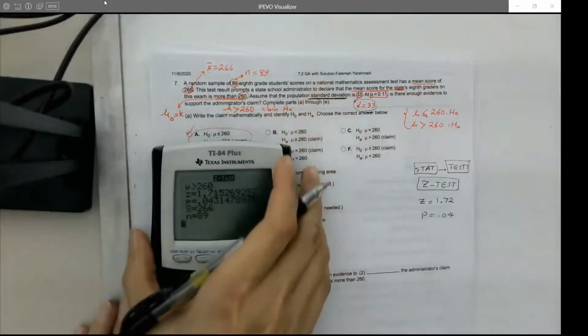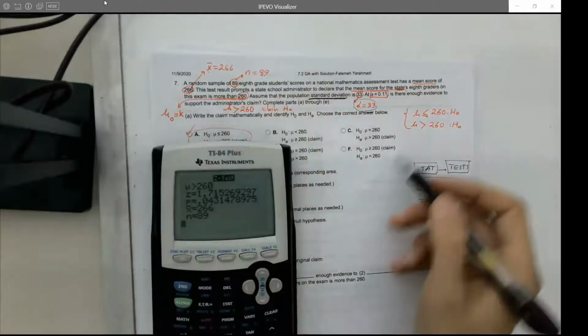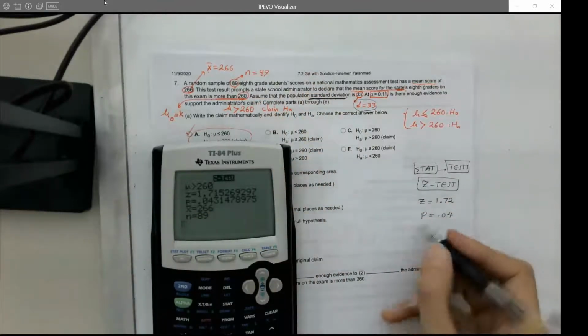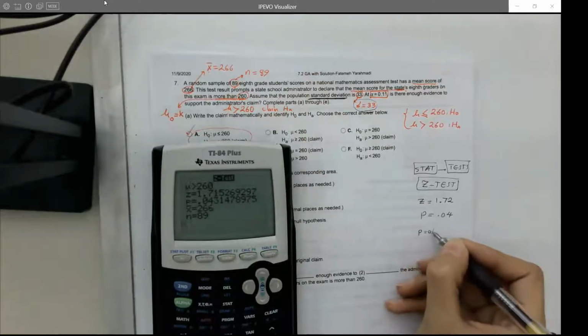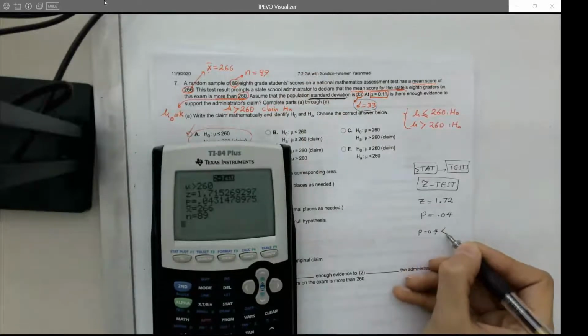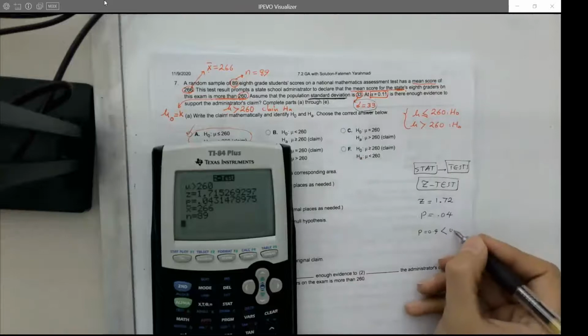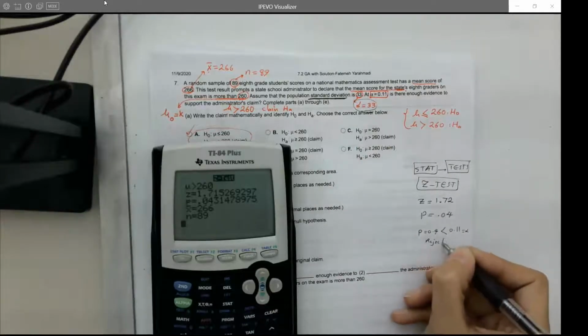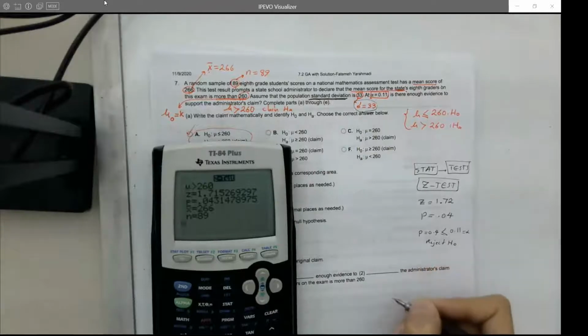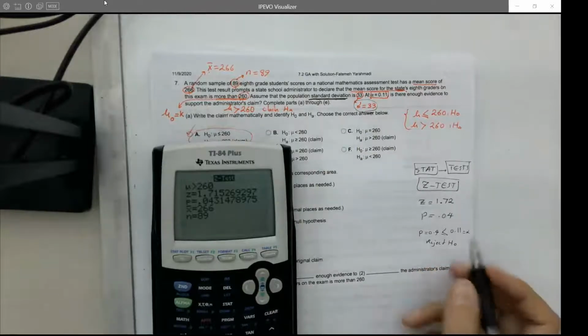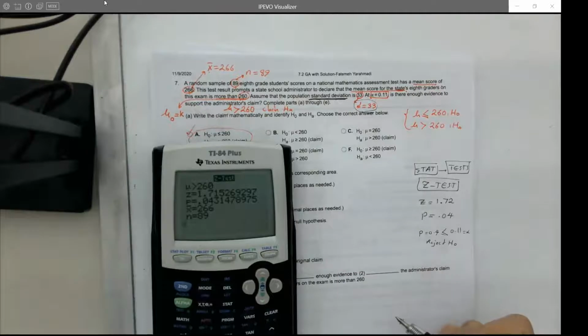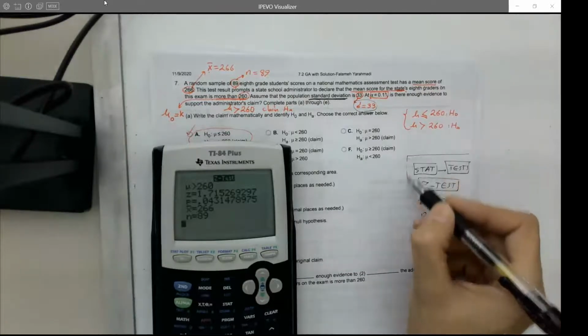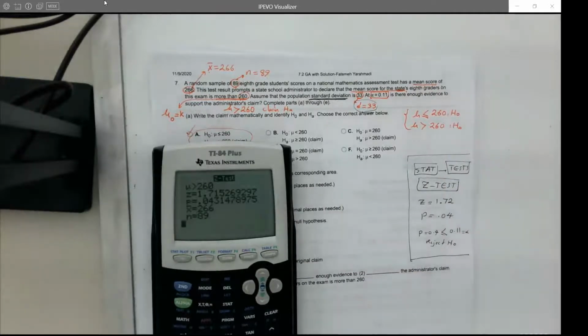Without going through the rest of this information, by using the p-value, since p, 4%, is less than your alpha, 11%, you reject the null hypothesis. Using the calculator, this is our conclusion.